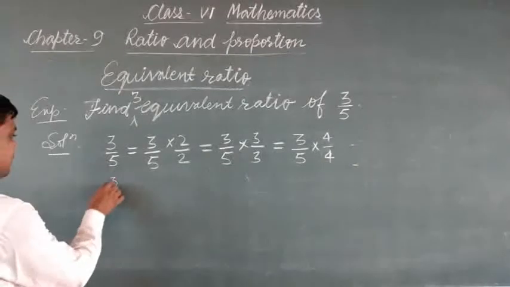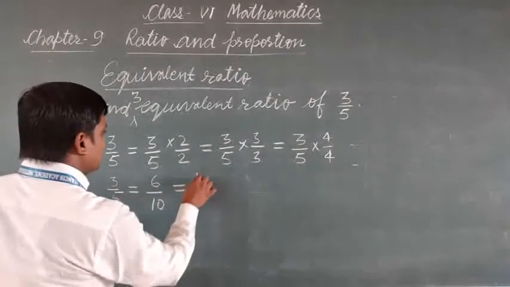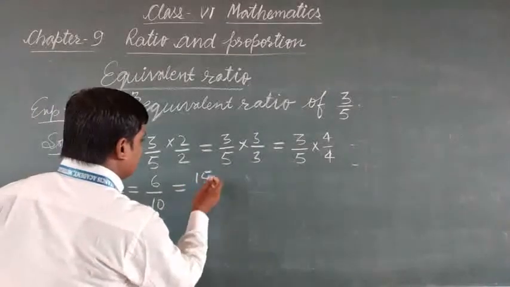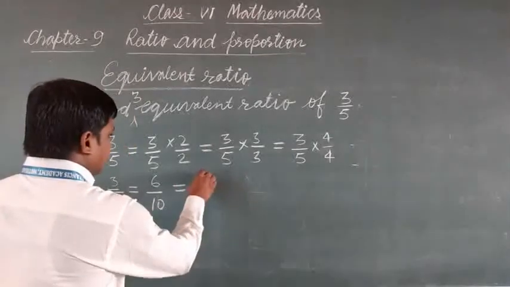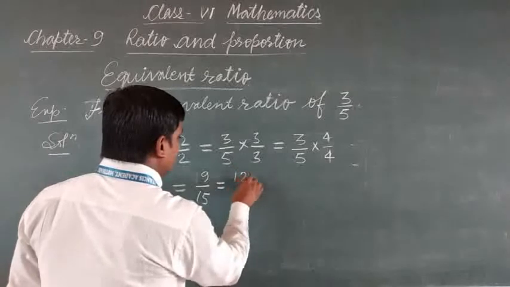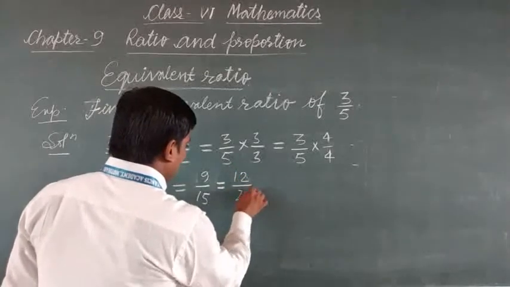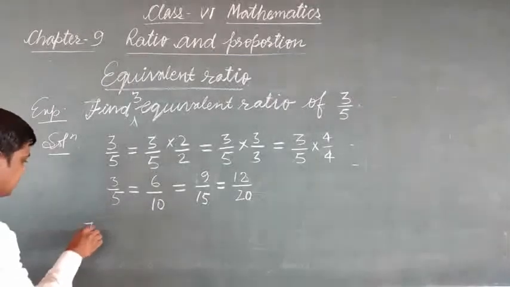Then 3/5 is equal to 6/10, 9/15, and 12/20.